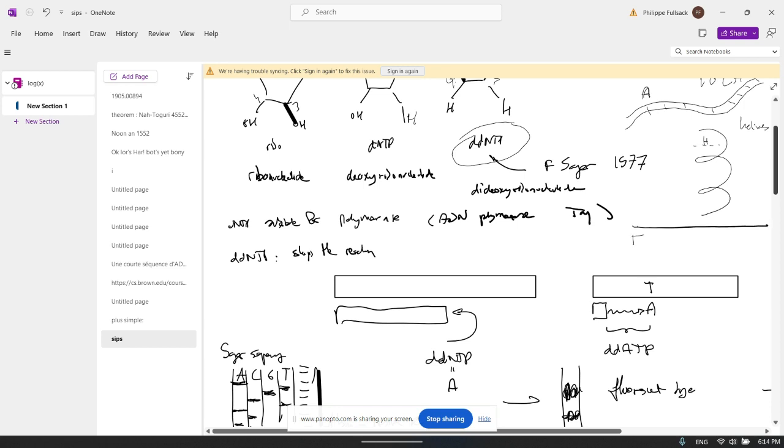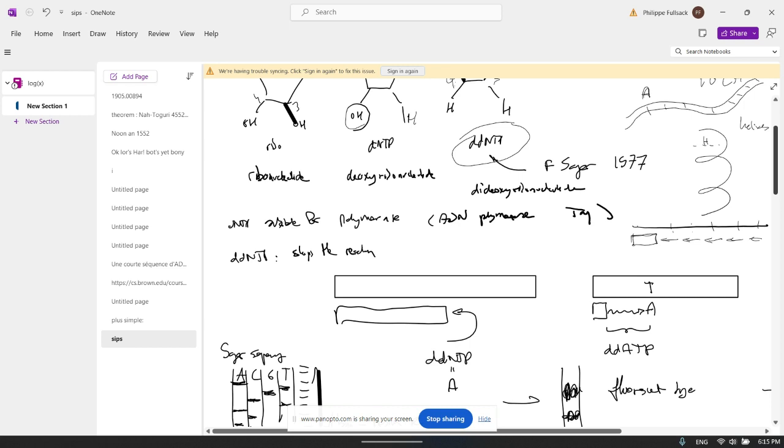Here you have your primer, and then you put some nucleotides in solution, and they get added here, except that to add them, you need to have this radical here. If you don't have it, the reaction stops. So if you keep adding, the reaction keeps adding bases that are conjugate at each position to the other side, until it hits a ddNTP.